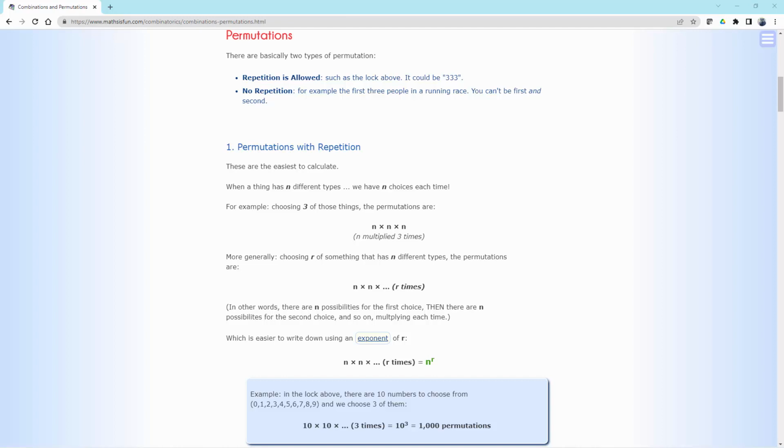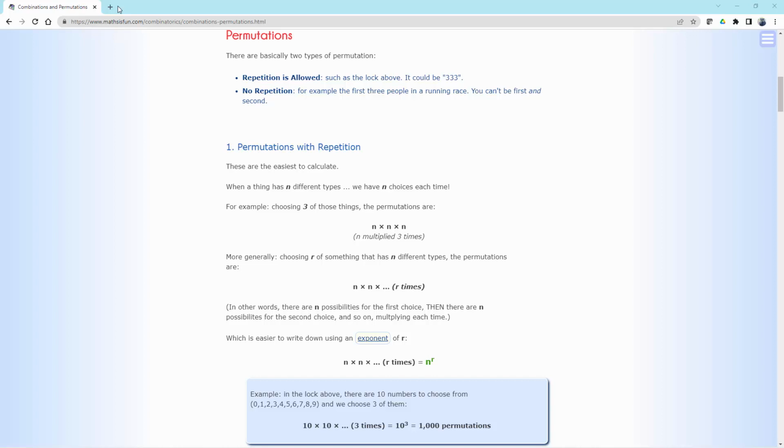The more you get into it, the more you realize there's a little bit more to this than meets the eye, and a lot of care has to be taken to ensure that you're applying the right formula. So a permutation where repetition is allowed is usually the easiest place to start, and that's where we're going to start here.